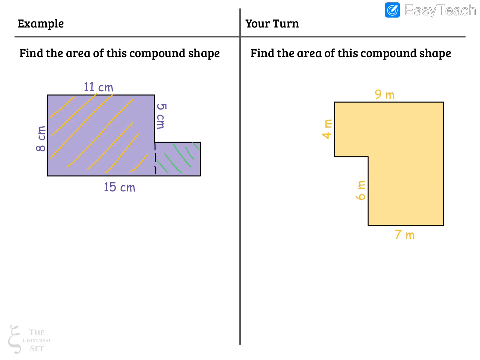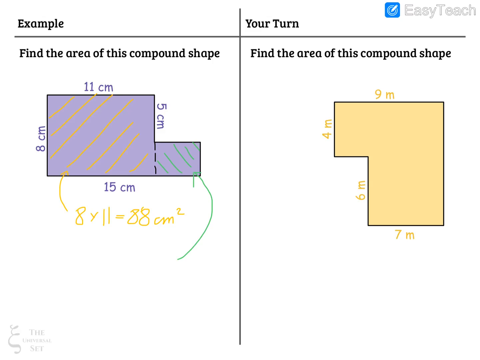So let's do them in those 2 different colours. My yellow one is going to be 8 by 11, because that's the length times the breadth of that one. So that's 88 centimetres squared. And how about the one I've shaded in green?